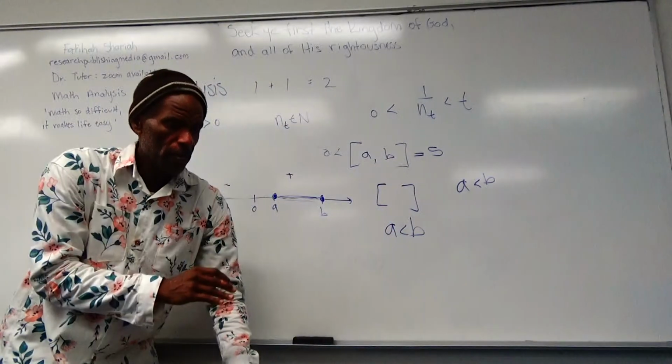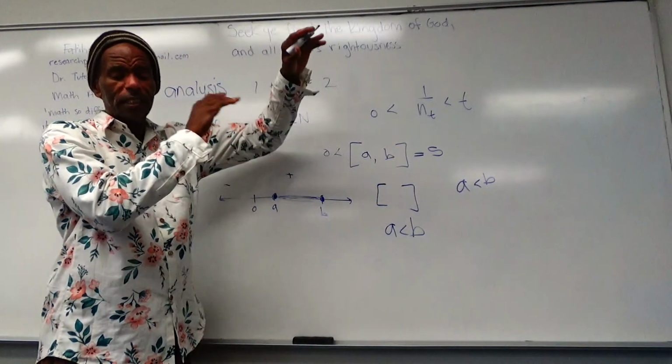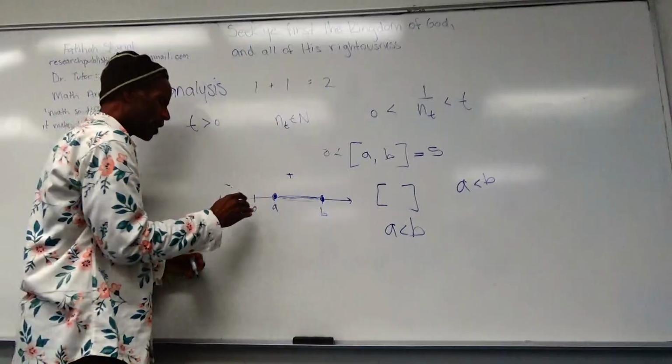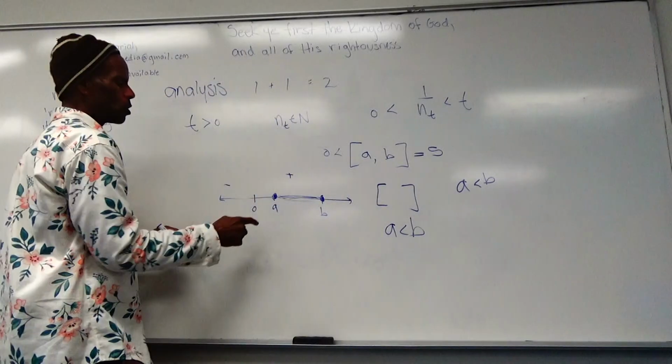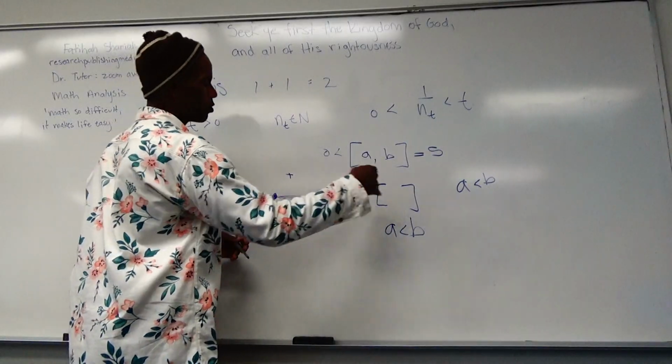You're going from A, which is at the bottom, to B, which is at the top. Or if you're speaking about a number line, you're going from A, which is less than, to B, which is greater than.